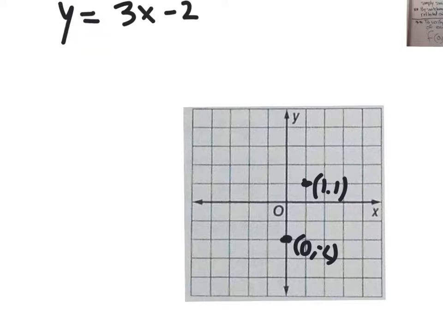And we could keep going with that pattern of up 3 over 1 to extend this line, or even backwards, down 3 over 1 the other way, to extend the line as long as we want. And there's our graph. Just a little review of graphing lines.